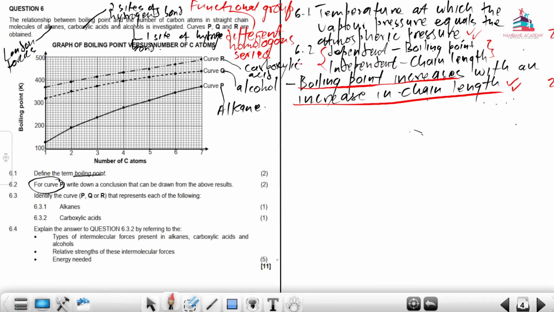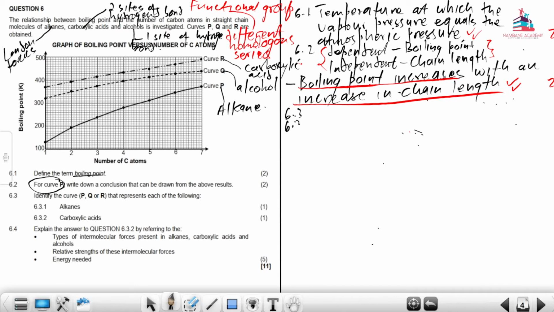So for 6.3, identify the curve PQR that represents the following. This has already been done because we analyzed the graph in detail from the stem that is given.